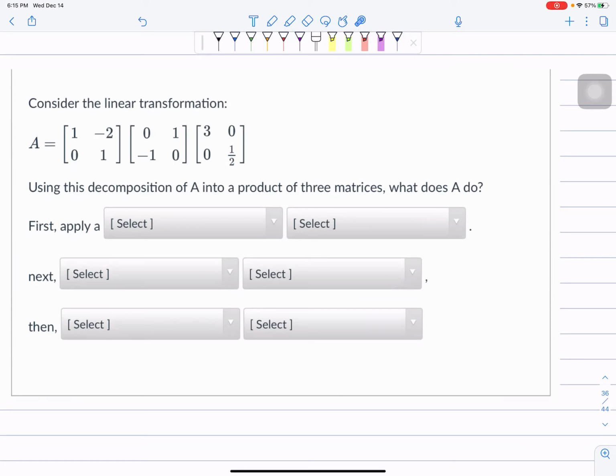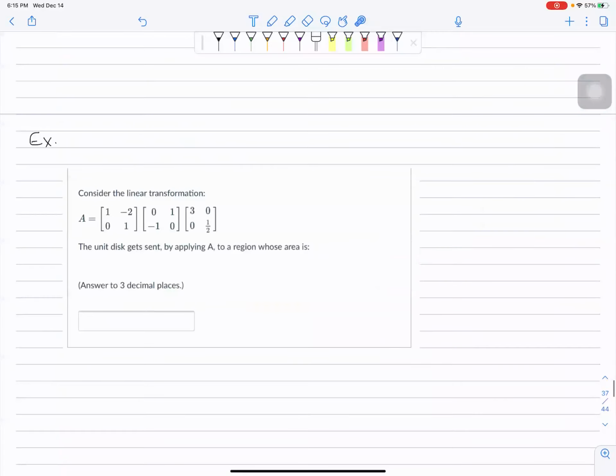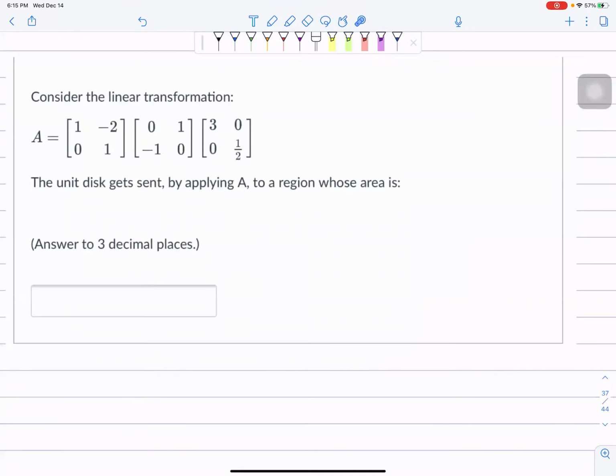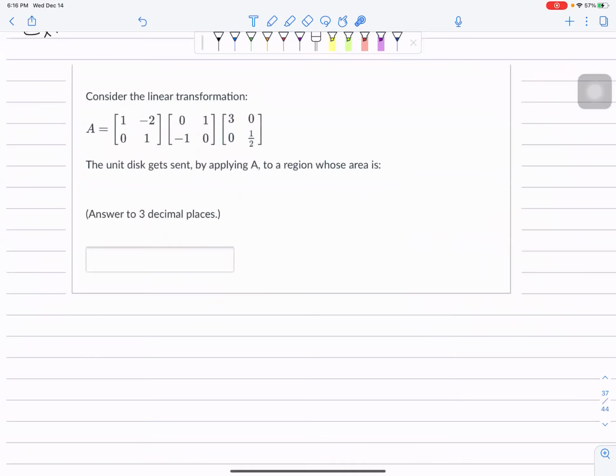Okay, so the unit disk gets sent by applying A to some region whose area is what? Well, you always start off with some area. So say this is A, and you have determinant, let me call it B, determinant B.